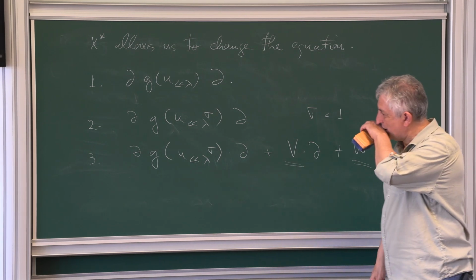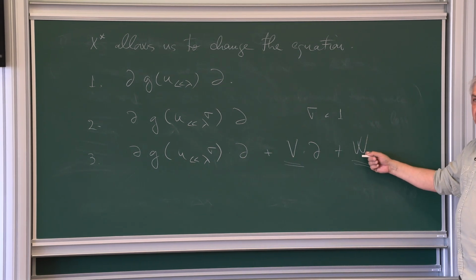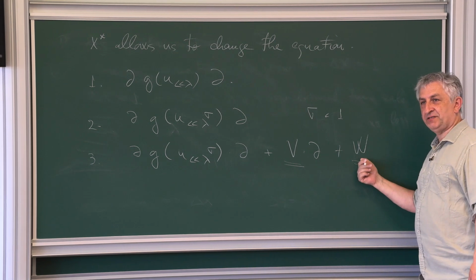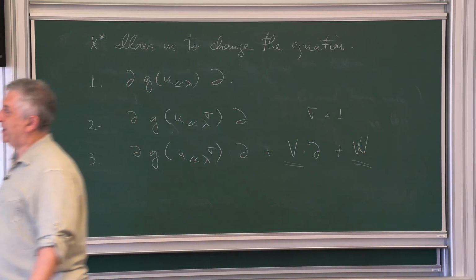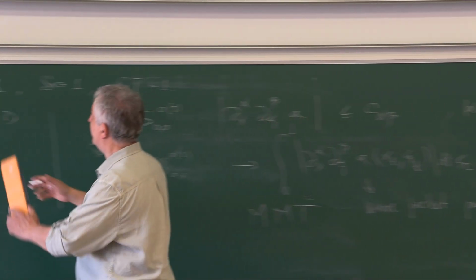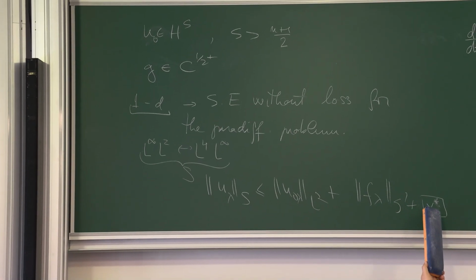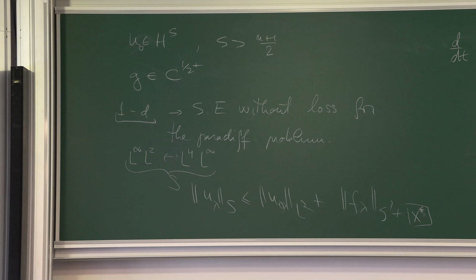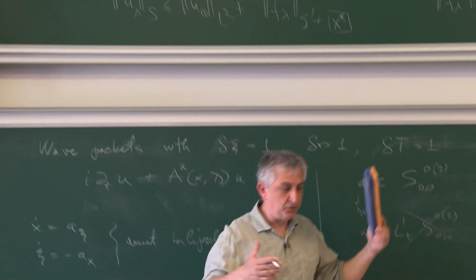Now, what are the classes of potentials and magnetic potentials that I can add for free? Let's think first of all about potentials in here. There is an obvious choice to make. If you look at the estimates, you might want potentials that map S into S prime by multiplication. Those would be perturbative in the Strichartz inequalities. That would be the trivial choice to make, which doesn't work for us.